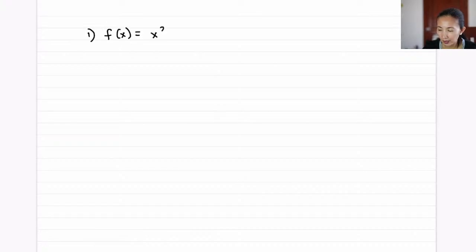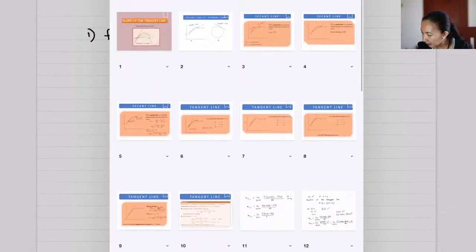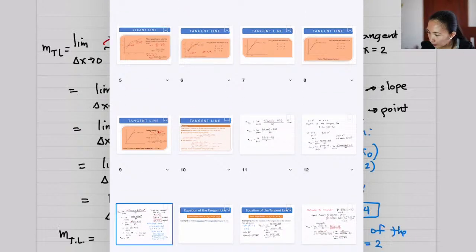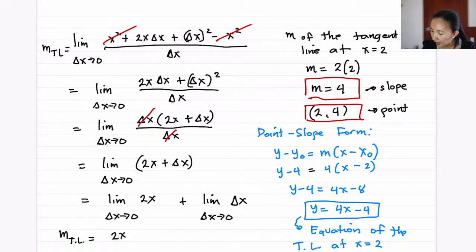We found out that the slope of the tangent line, which is in fact f prime of x, is equal to 2x. Pakita natin yan. 2x ba talaga? Balikan natin sa example number 1. What did we get for slope of the tangent line for the function x squared? 2x.